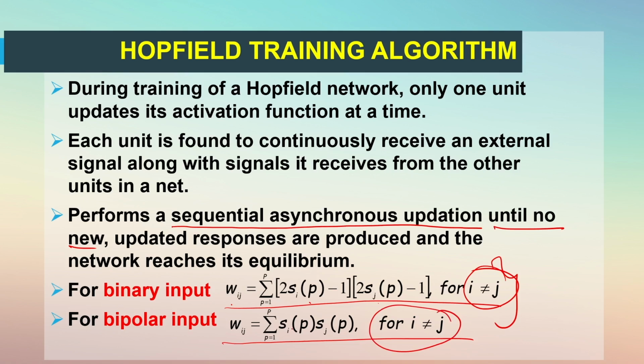In the binary case you have two different values, but in the bipolar case only the direction is changing, one on the positive side, plus 1, and another on the negative side, minus 1. So, this is the idea inside the Hopfield training algorithm.